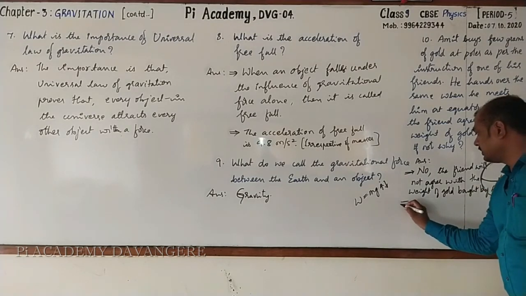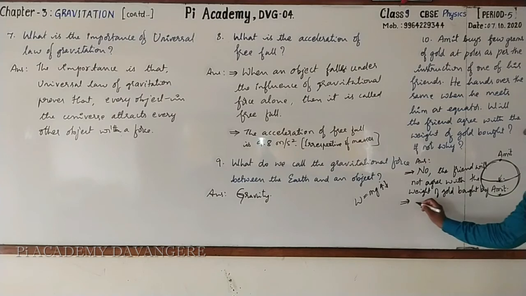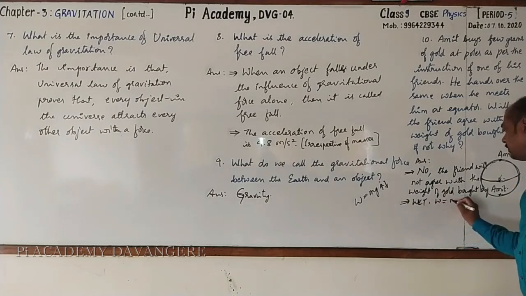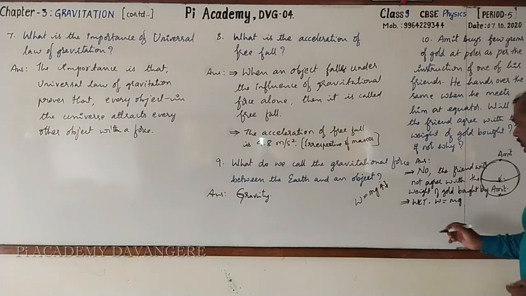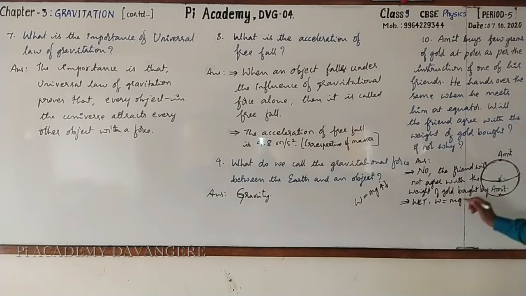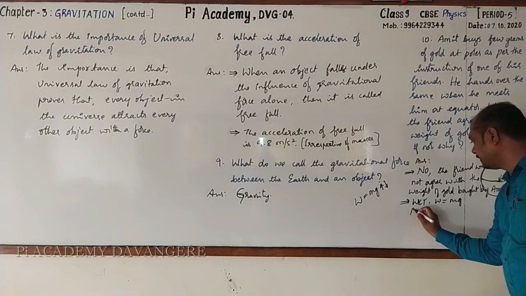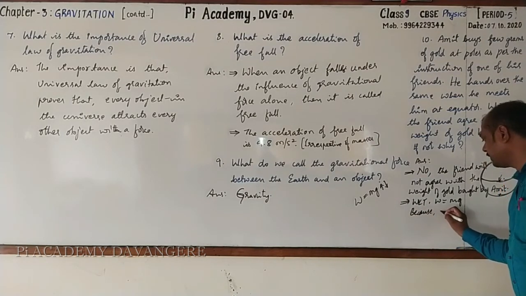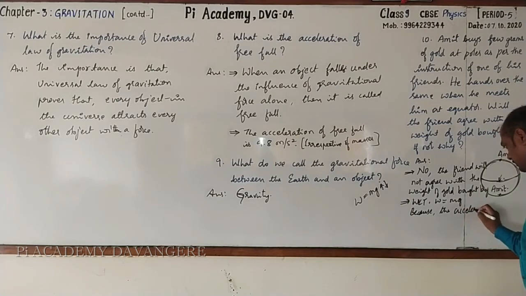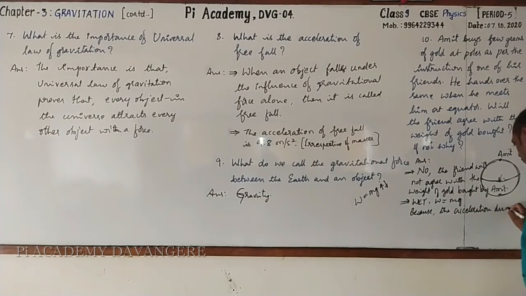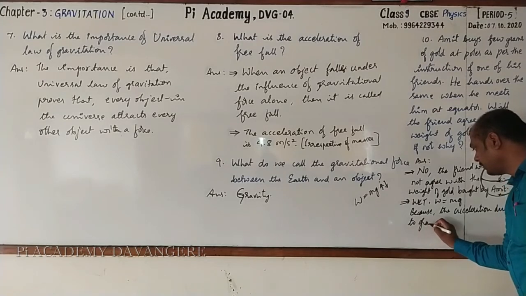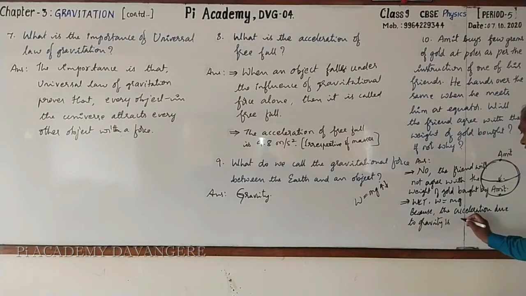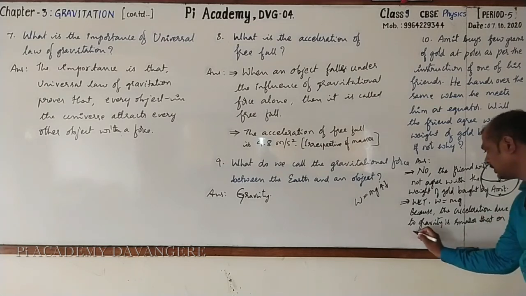Then the answer. We know that weight is equal to mass into acceleration due to gravity, and the acceleration due to gravity at the equator is less than that of the pole, because the acceleration due to gravity is smaller than that on the pole.